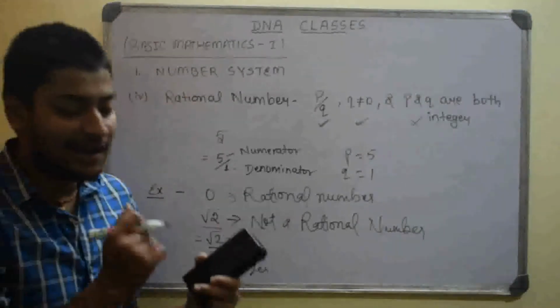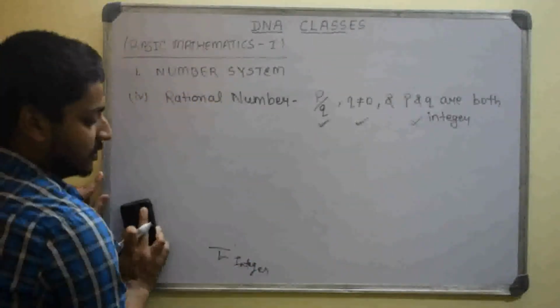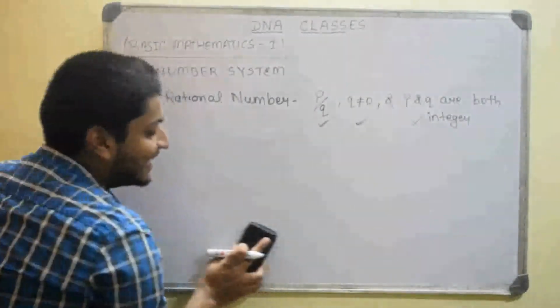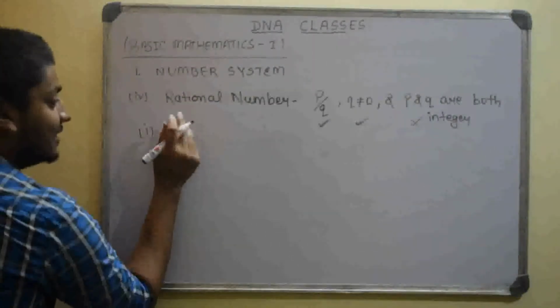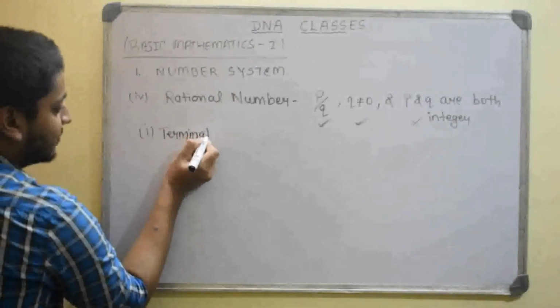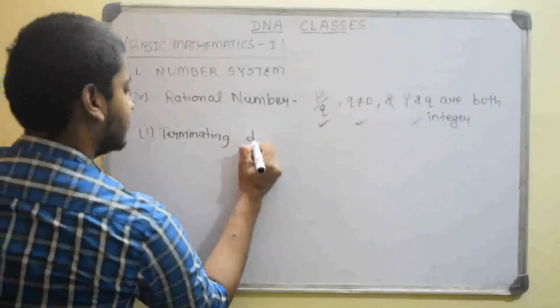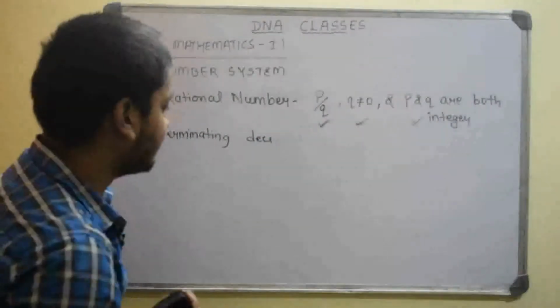Another definition of rational number is that a rational number should be a terminating decimal or a recurring decimal. First, terminating decimal. We will deal with decimals in our basic mathematics too.